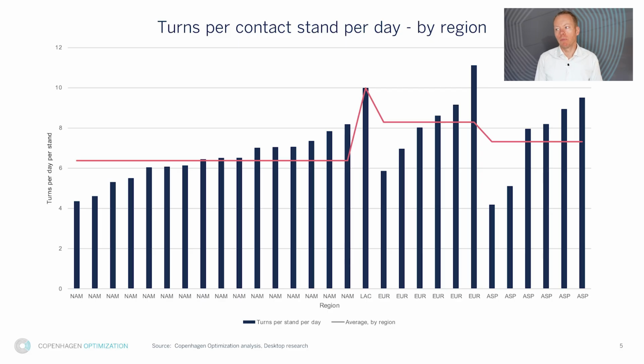And if we look at Asia Pacific, that's the region where we see the biggest differences between the airports. That's where we find the least efficient airport, at least measured from a turns per stand perspective, but also one of the most efficient ones. So a wider spread there.